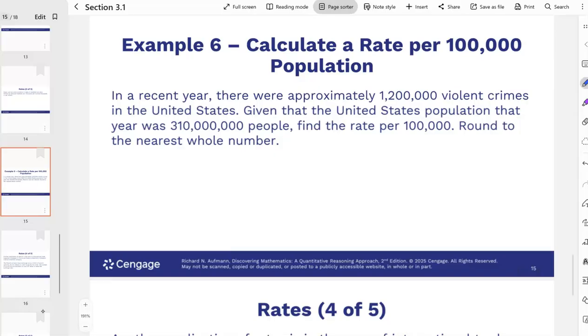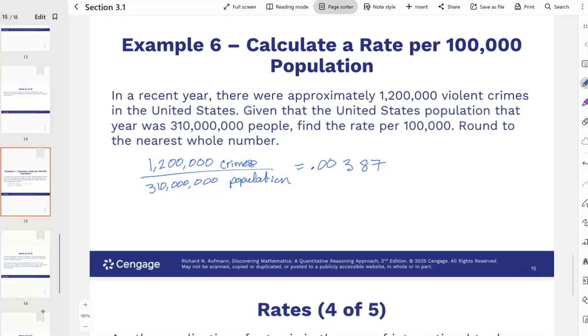So let's start out by finding that unit rate. We've got 1.2 million crimes per 310 million, which is the population. So that is 0.00387 and some change.